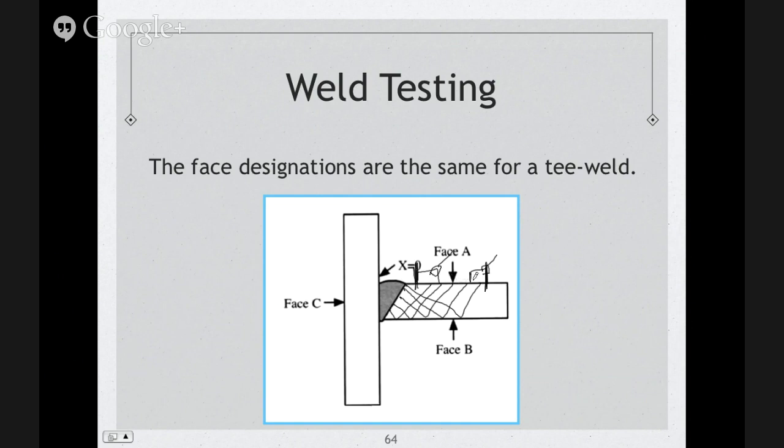So if you have anything in the way, you're not going to be able to scan all this area using this face. So it's important to know what angle you're shooting at to determine how much of an area you need to scan to make sure you get complete coverage of your weld. Okay?